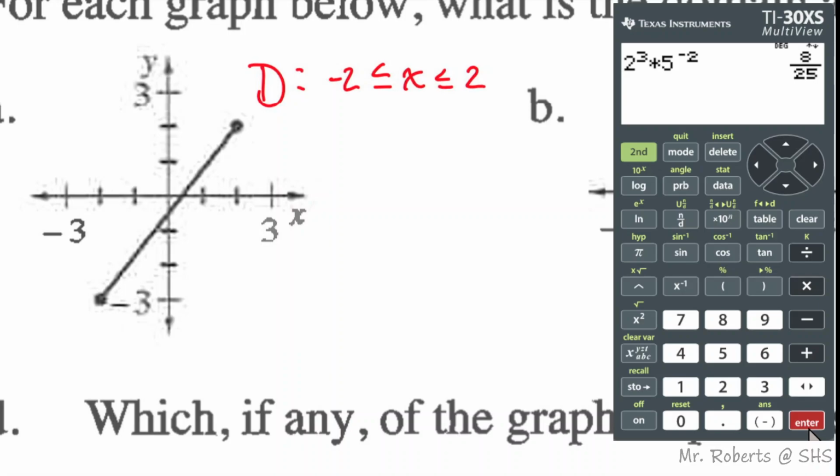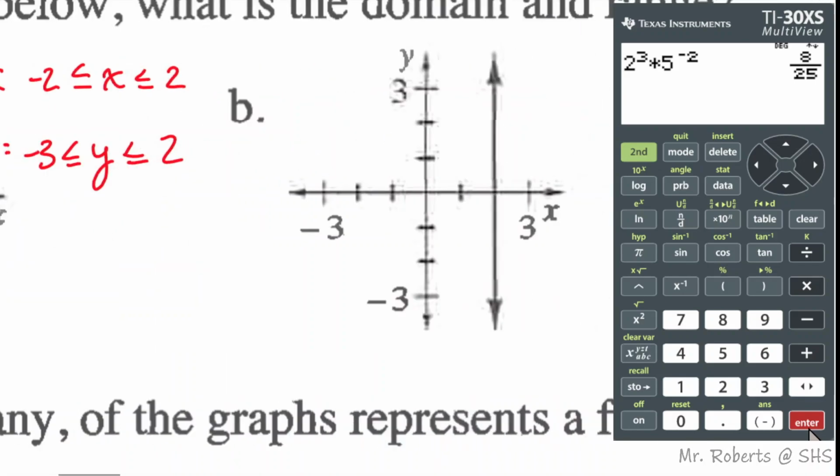X's are those things that go from -2 to +2. That's the domain. And the range of this function, those are my y values, are those from -3 all the way up to +2. Domain and range.